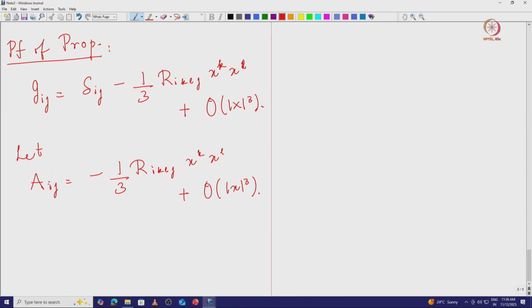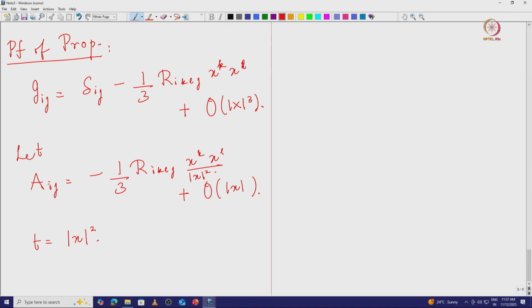Right, so maybe I should do this and let t be equal to mod x squared. Okay.